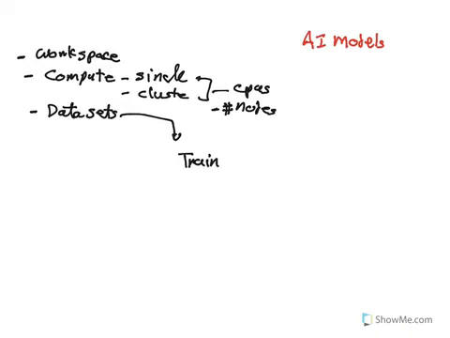AI models could be divided into two main subsections. The first one is supervised. Under supervised there is regression, and the output of regression is numeric.